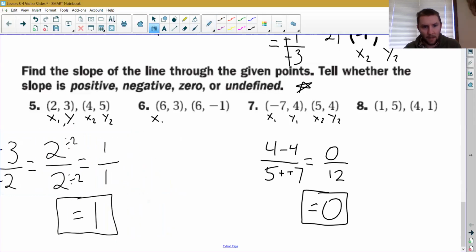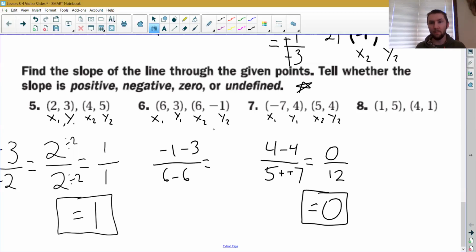I'm going to find my x1, my y1, my x2, my y2, and I'm going to start to do my subtractions. y2 minus y1, so that's -1 minus 3 over x2 minus x1, which is 6 minus 6. So the top of -1 minus 3 more is going more negative, so we're at -4. The bottom says 6 minus 6, that's 0.